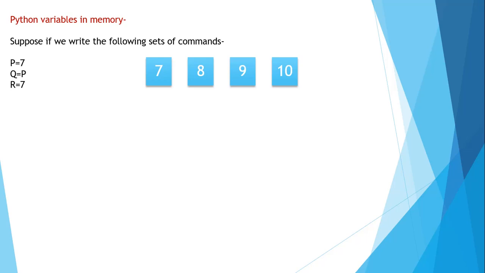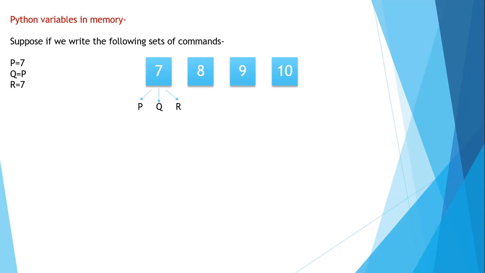For instance, we have taken these four numbers, and 7, 8, 9, 10 already have their memory addresses in Python storage. Since we have written p = 7 and q = p, q is also pointing where p is pointing, and r is pointing to 7. So all three entries, p, q, and r, are just pointing to this 7.